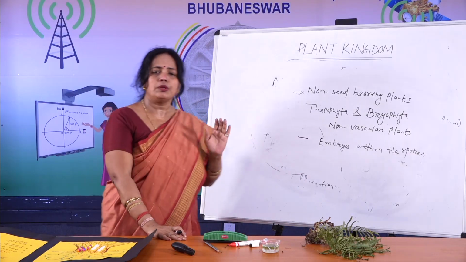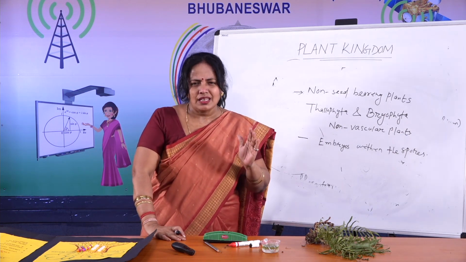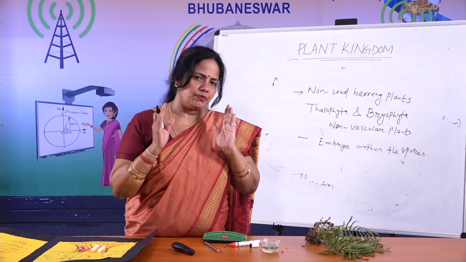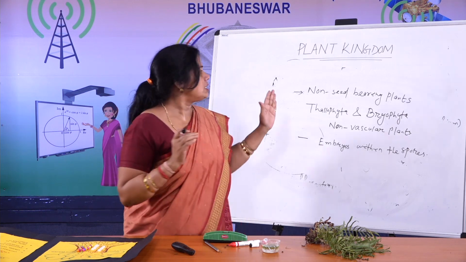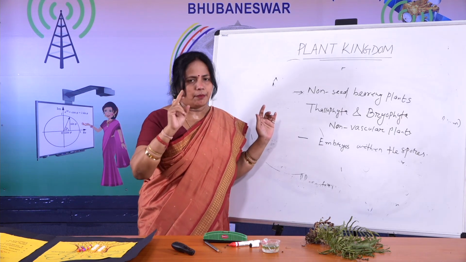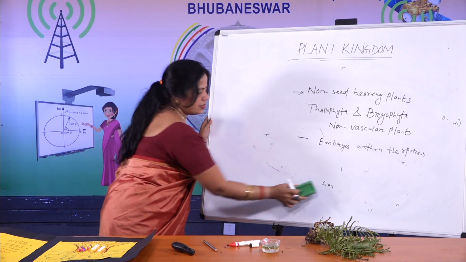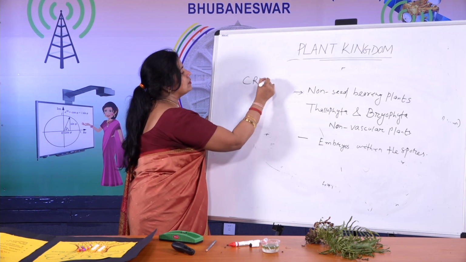So, their reproductive organs are not so prominent. Their reproductive organs are hidden. So, they have got the name cryptogams. This is a very important point. Please try to understand why these three groups of plants, Thallophyta, Bryophyta and Pteridophyta, are called cryptogams.